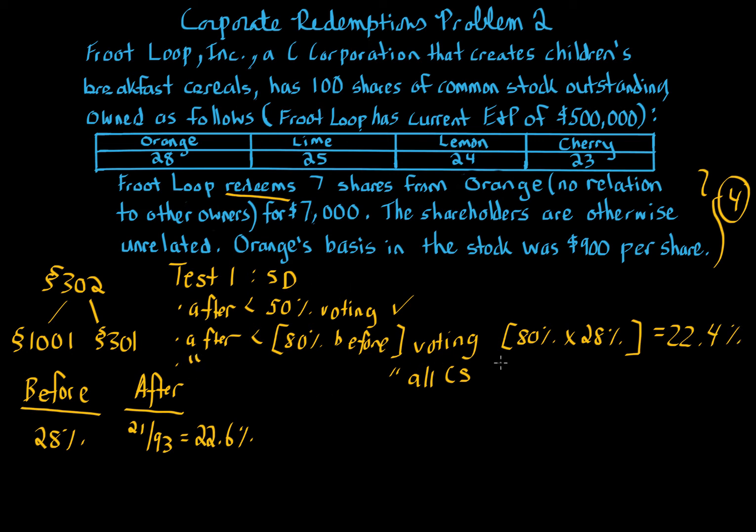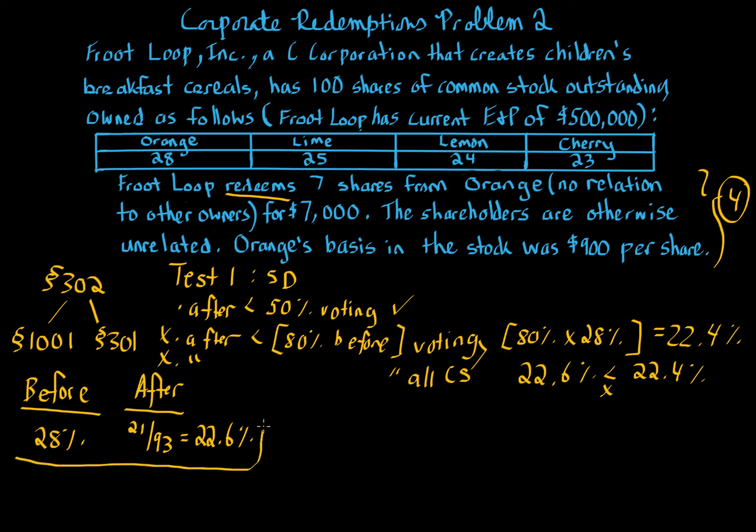Because remember, these tests for this problem are equal because the voting and all classes of common stock are the same. We are at 22.6%, which unfortunately is not less than 22.4%. It's not. So therefore, we fail test 1. Test 2 and test 3 also fail.